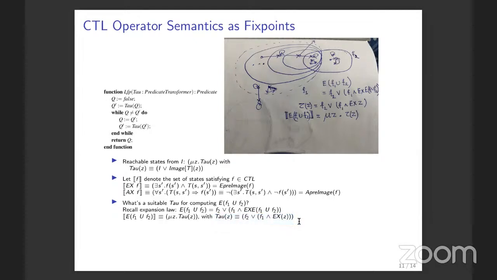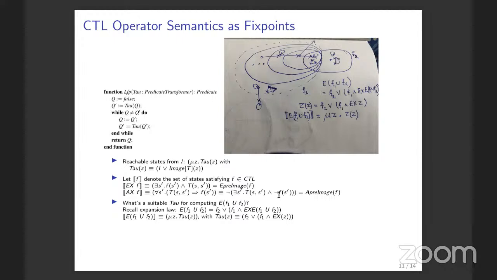Yeah? Suppose in our model, F1 is released before reaching F2 for every path, then this will not include that, because then tau will contain only the set of states which satisfy F2.